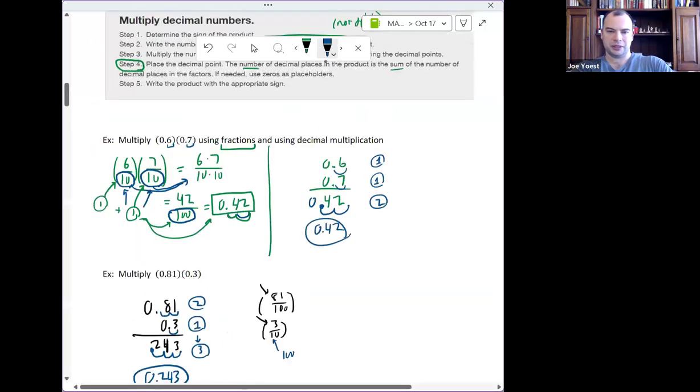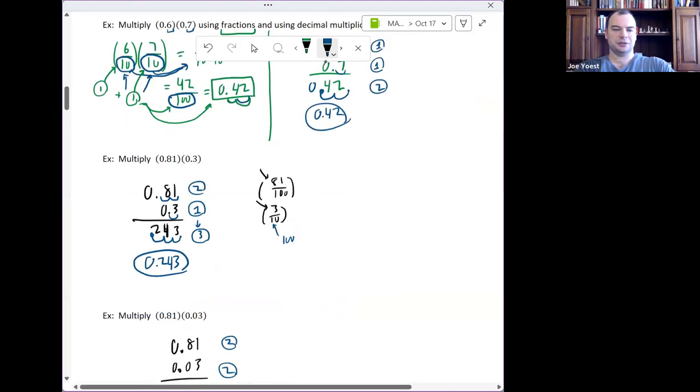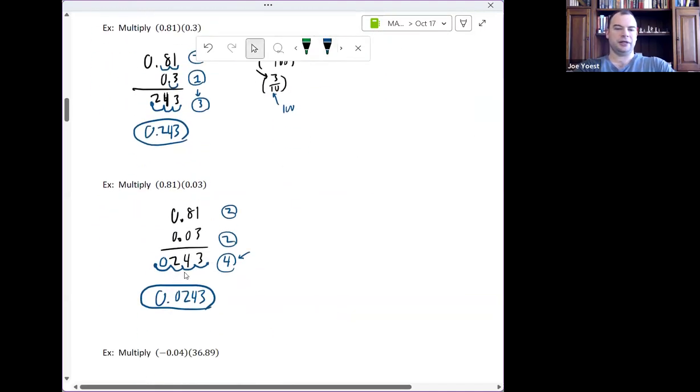So this is what it means where it says, if needed, use zeros as placeholders. 243 only has 3 digits, but I need to move 4 places. So I'll make 243 instead of 243, I'll make it 0243. And I can move over to the left those 4 places.